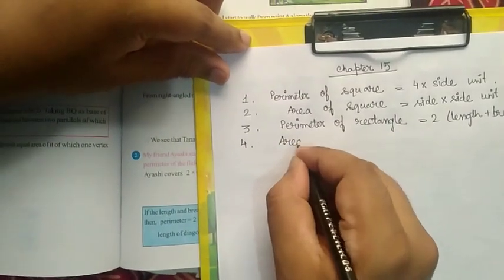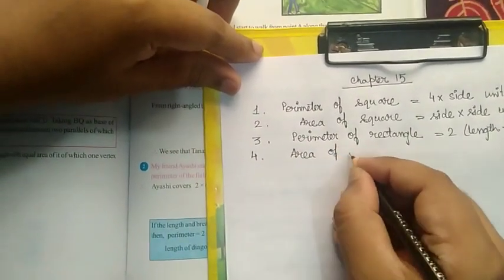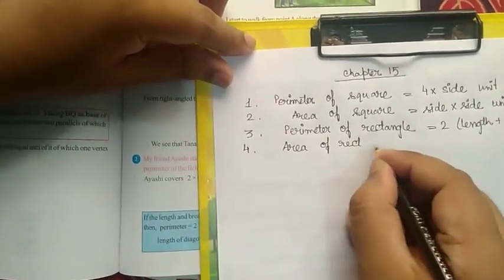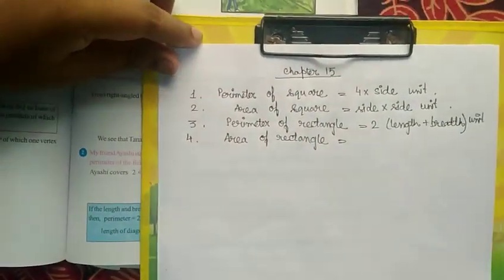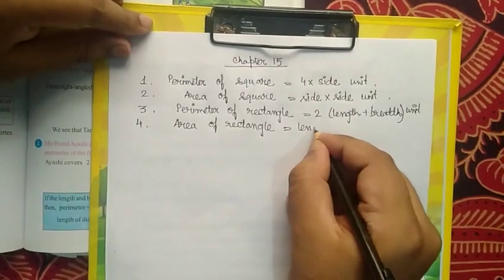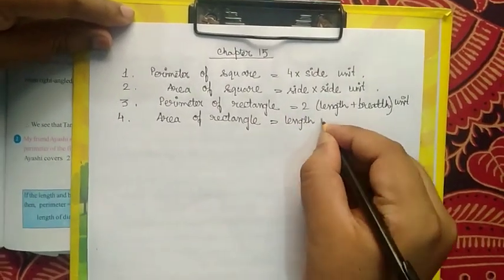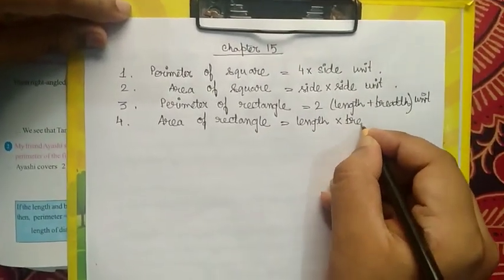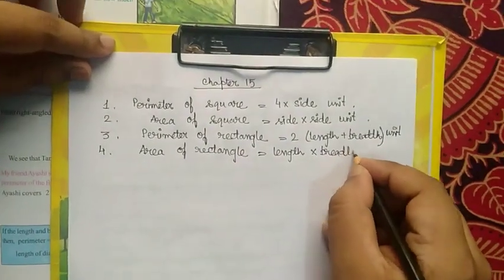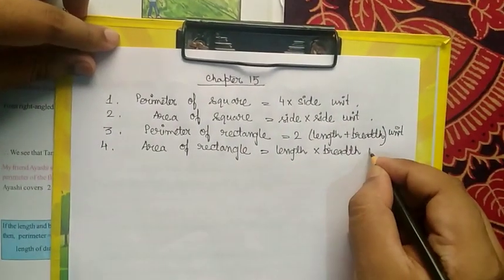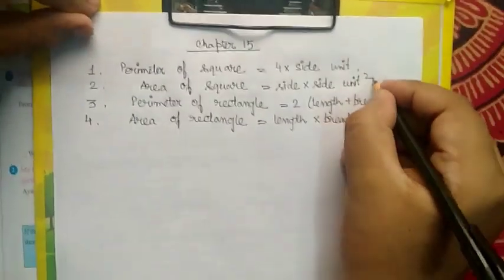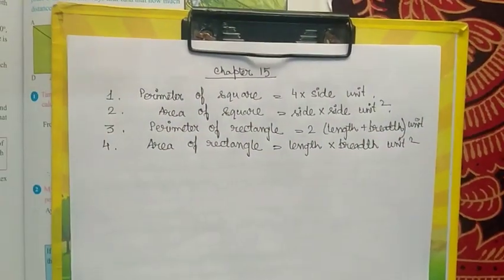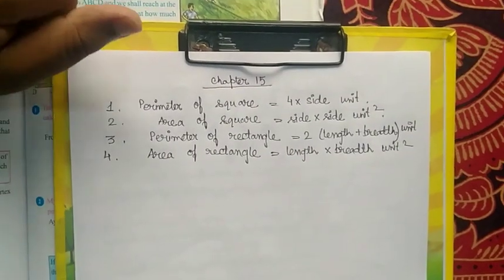Area of rectangle: length into breadth unit square. This should be unit square, because area always should be square unit or unit square.